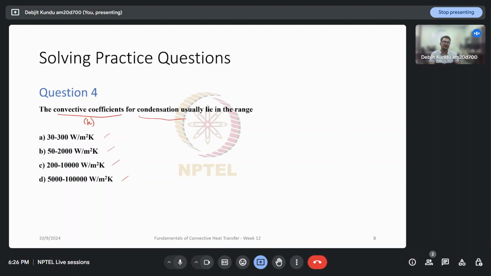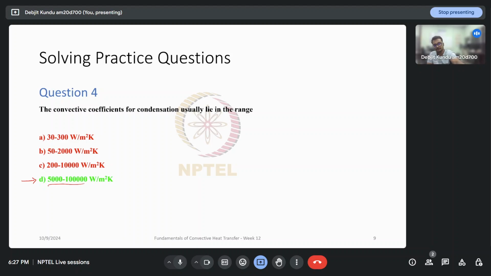You have to remember condensation is a phase change process where latent heat is involved. So what's the typical convective heat transfer coefficient for phase change? You must have guessed it correctly. It's option D. It's very huge. It's above 5,000 to 10 lakh or even more in extreme cases.